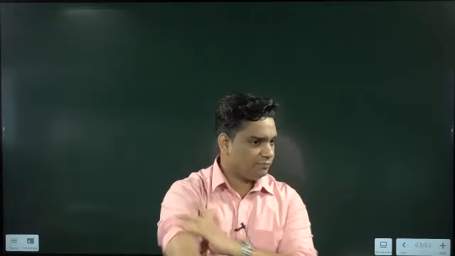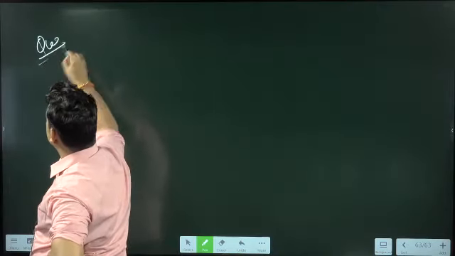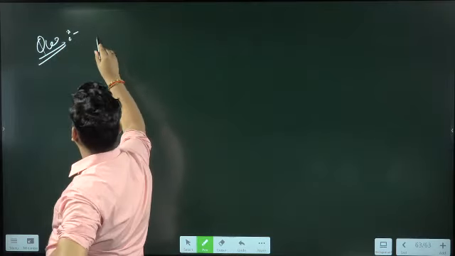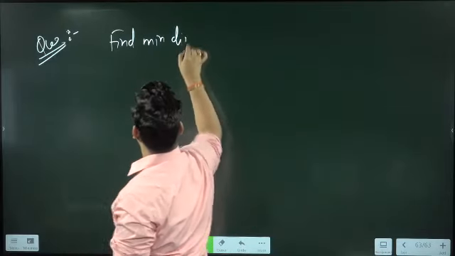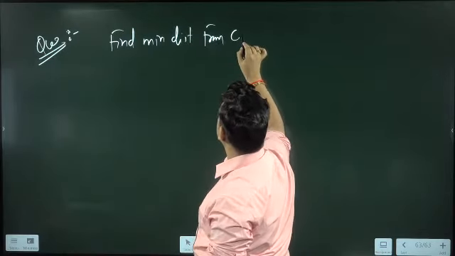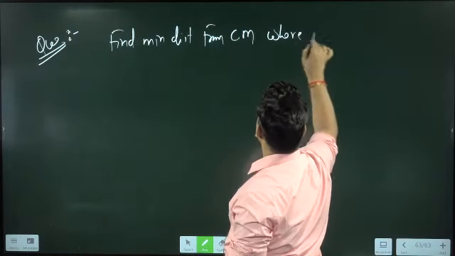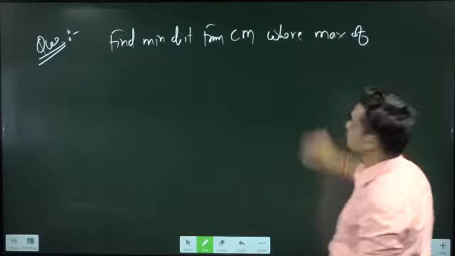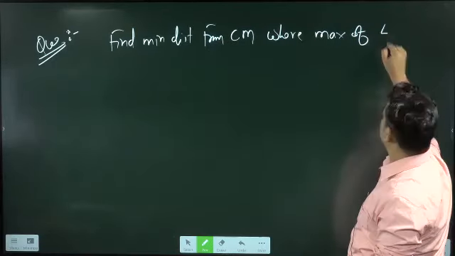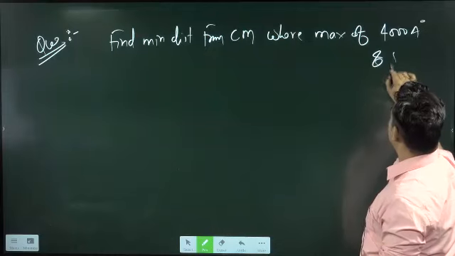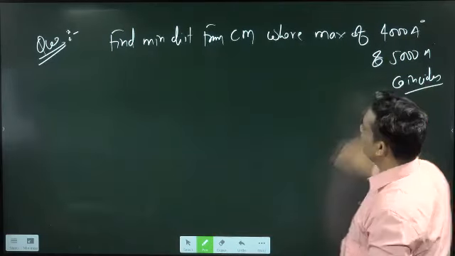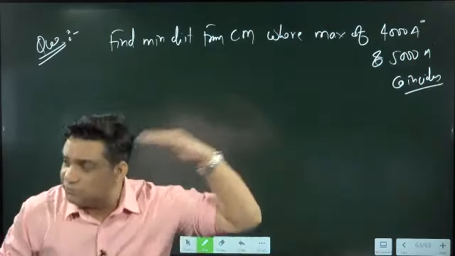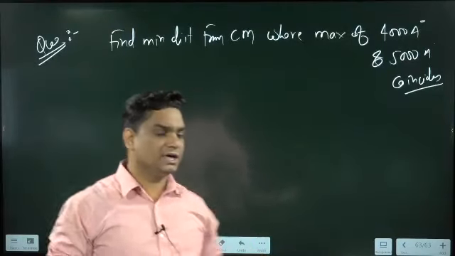So I can write now this question here. This is a very important question actually, generally people make mistakes: find the minimum distance from the central maxima where maxima of 4,000 angstrom and 5,000 angstrom coincide.